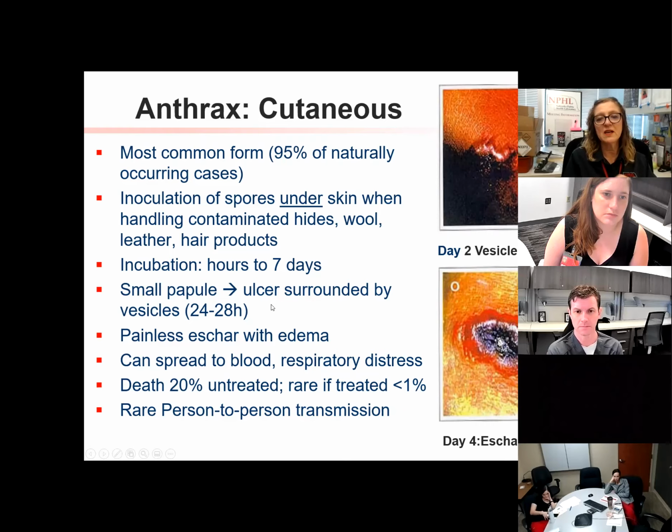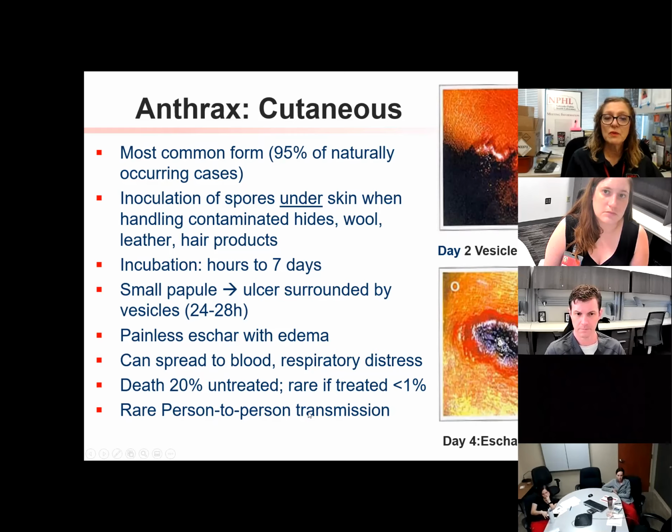First it's just a little vesicle, and then it starts turning black, and then it becomes bigger. The unfortunate thing is if it's not treated or discovered, this can spread very quickly to the blood and the respiratory system, and the patient gets into respiratory distress even within 24 hours. There's a 20% rate of death if untreated, which is really pretty low. But if it's treated, death is very rare.